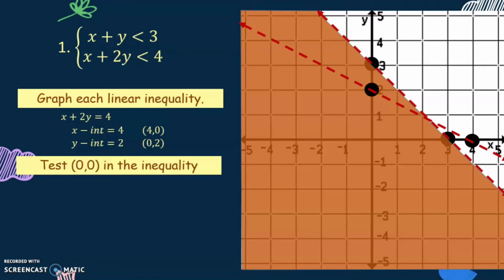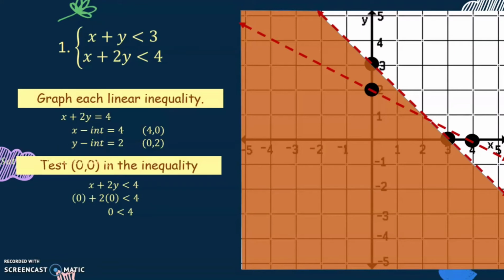After that, we test (0, 0) in the inequality to know what region we have to shade. So using the second inequality, replace the values of x and y. So we have 0 plus 2 times 0 less than 4. 0 plus 2 times 0 is 0, less than 4. So ask yourself, is 0 less than 4?